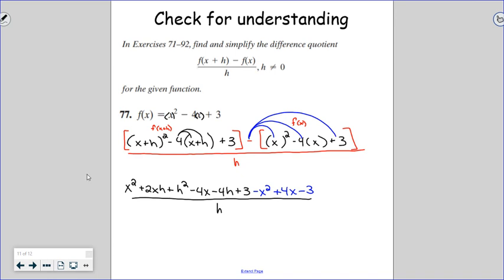Remember, this should simplify nicely to only things that have h's left in them. x squared minus x squared is gone. Negative 4x, positive 4x, gone. 3 minus 3, gone.